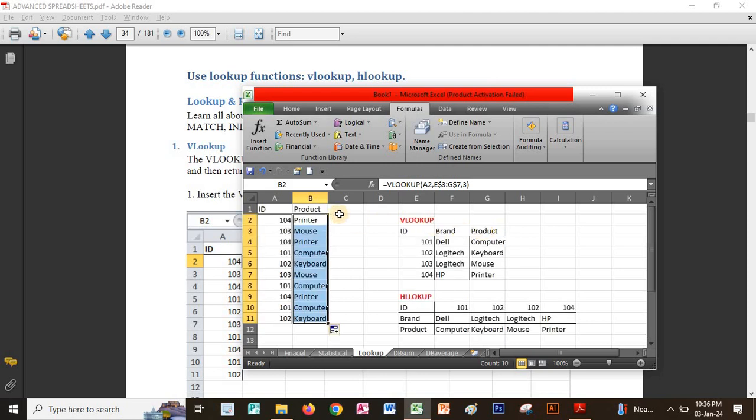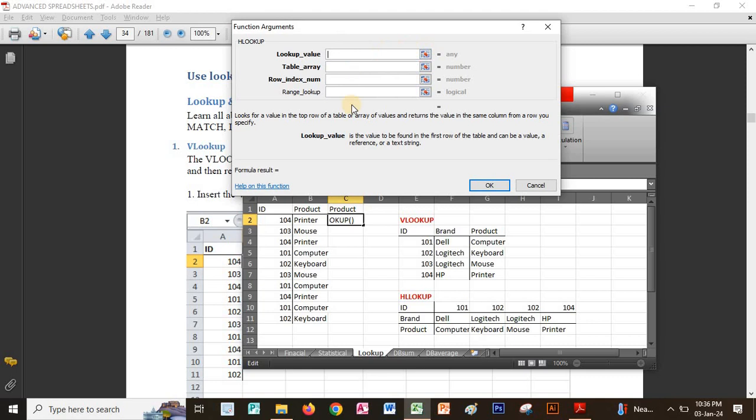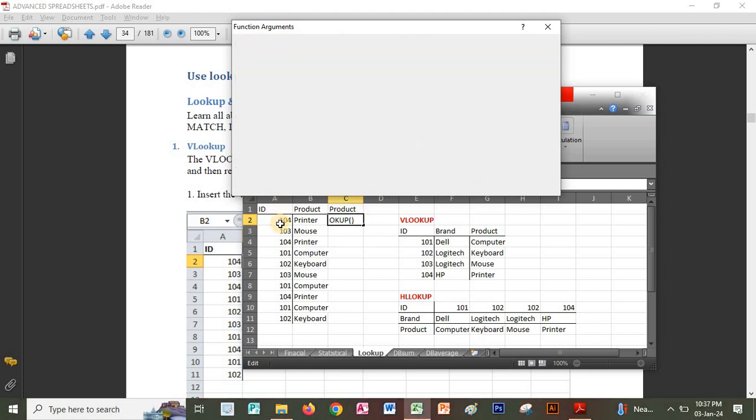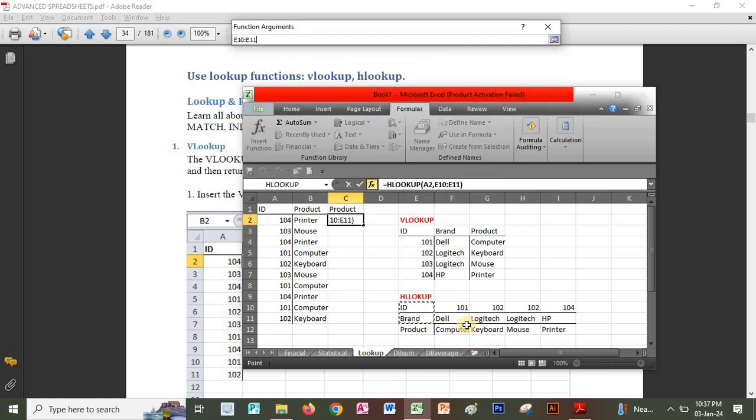And suppose now we are going to match using LOOKUP. Now we are matching the same value. The group is this one here.